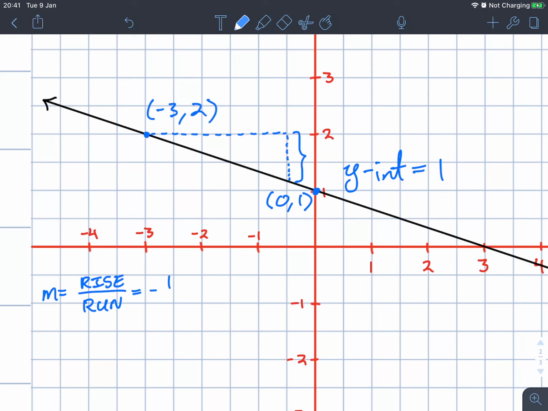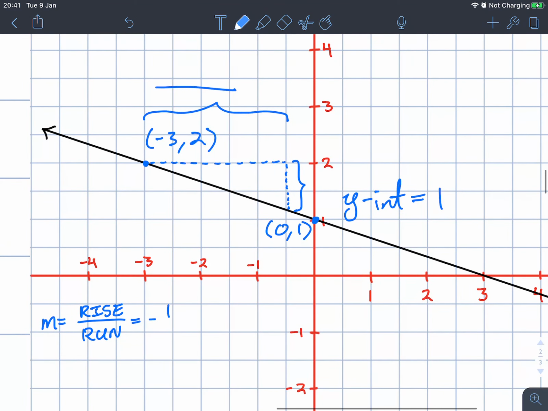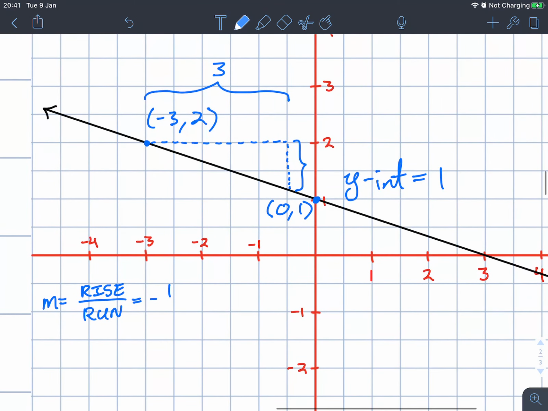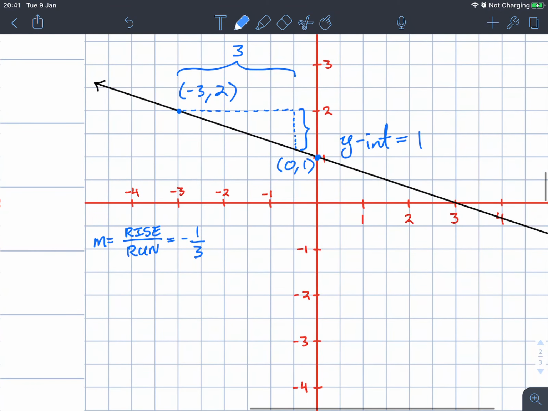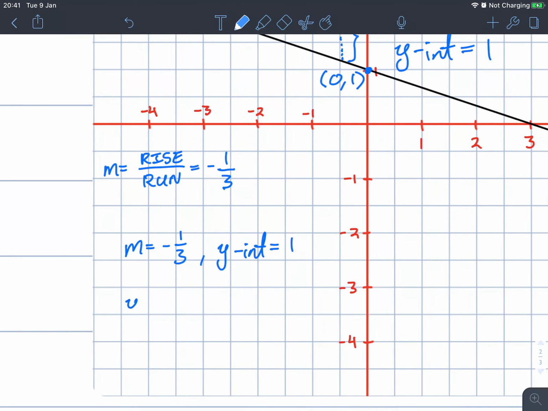As for the run, this distance going across went from -3 to 0, so it went across 3 spaces. So our run is 3. Our gradient is -1/3, and our y-intercept is 1. To write the equation of this line, we get y is equal to -1/3 x plus 1.